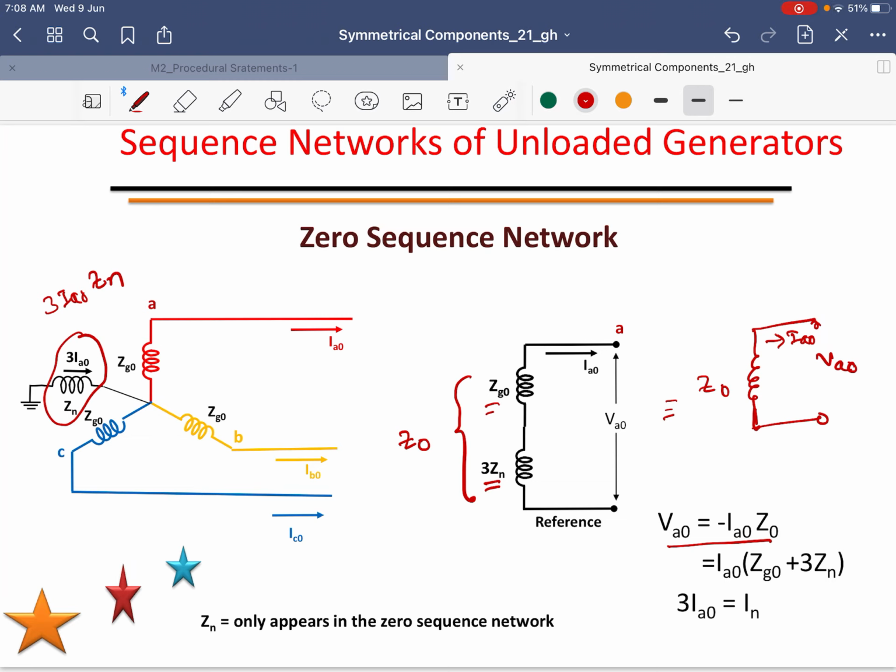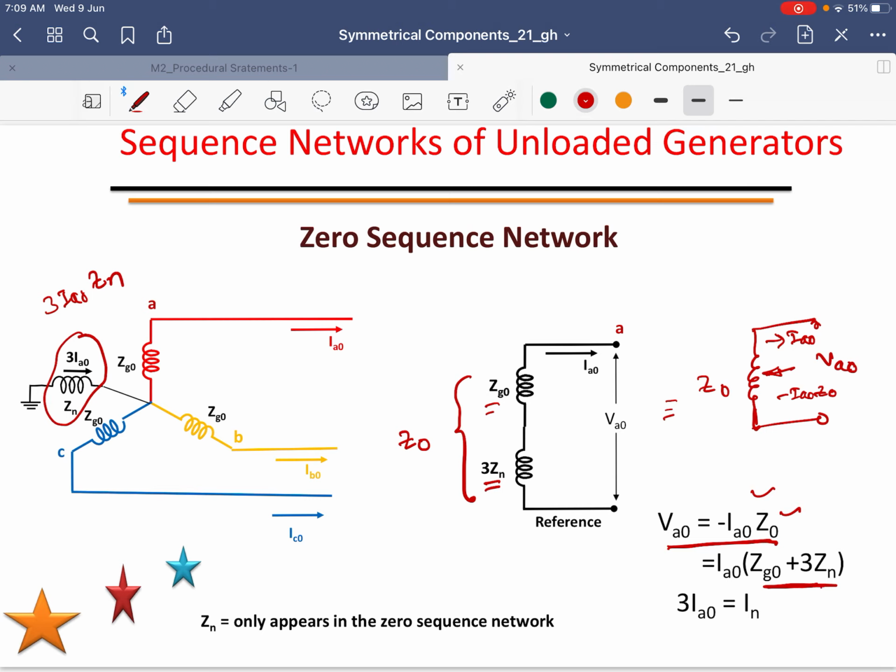Once again there is no source here, so the drop is minus IA0 Z0. Therefore, VA0 is equal to minus IA0 Z0. We know that Z0 is the combination of Z0 and 3 times Zn, so I am writing Z0 plus 3 Zn.